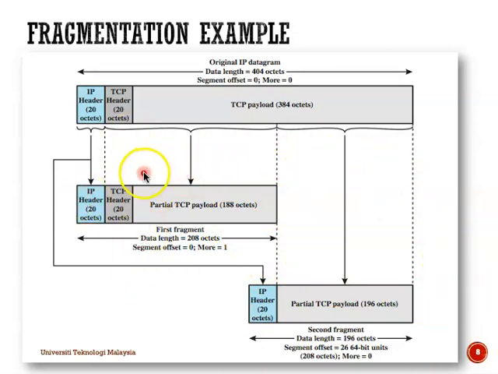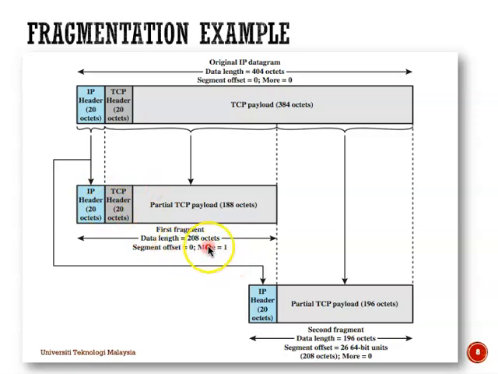If you look at the example here, for the first fragment, the offset is 0. It means that it is the first fragment of the original datagram. So how can we calculate the next offset? If you look here, the payload is 188, plus 20 header, which is equal to 208.